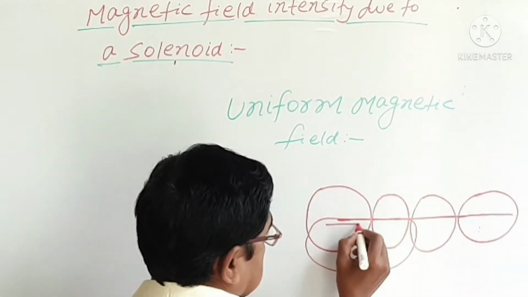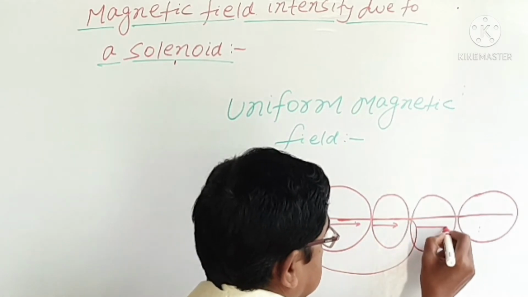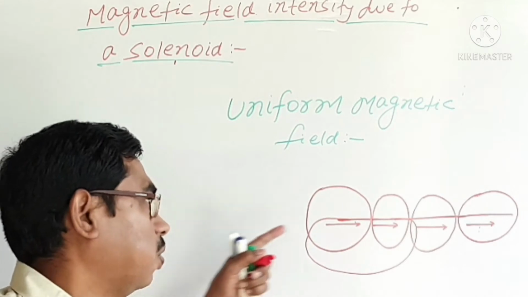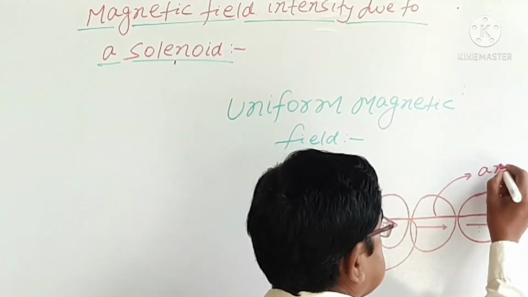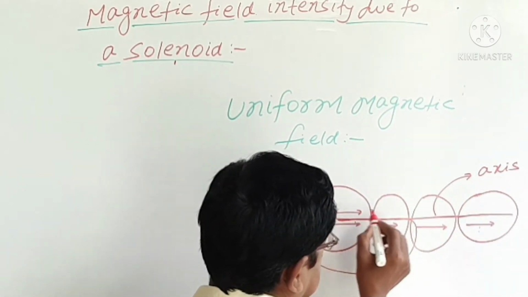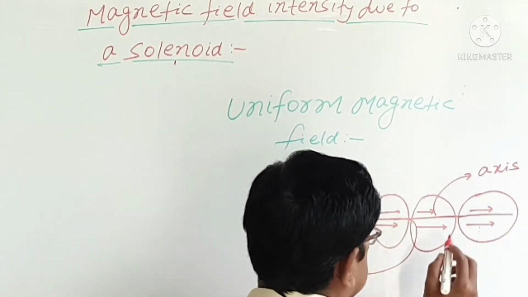These magnetic field lines continue to be directed this way, that is, parallel to the axis. Suppose this is the axis, then this B is parallel to this very axis.